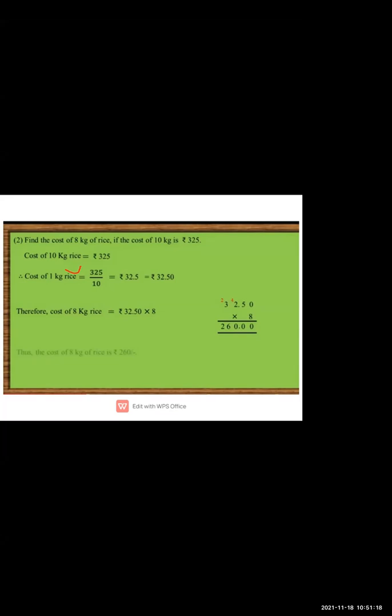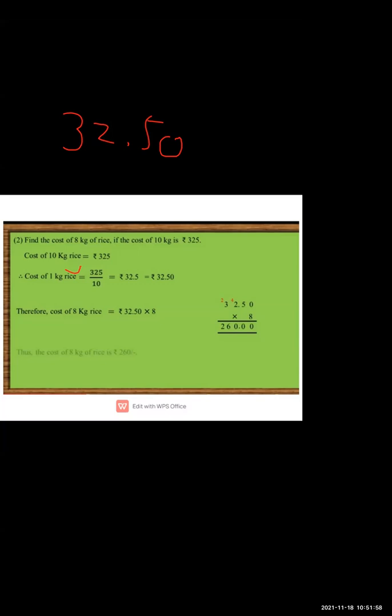This is a decimal fraction. In the denominator it is 10, so we will put a decimal point after one digit from the right. So we got the answer 32.5. You can give 0 also: 32.50. So here we got the price of 1 kg, that is 32.50 rupees.